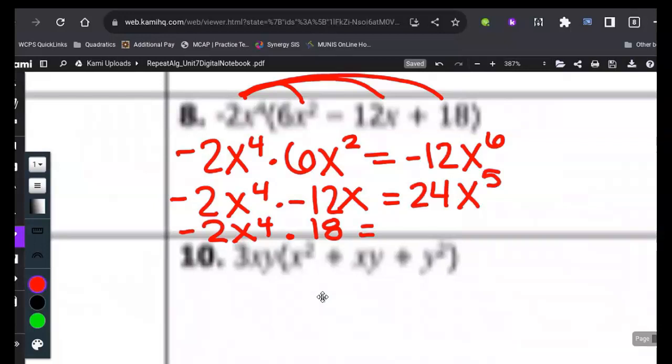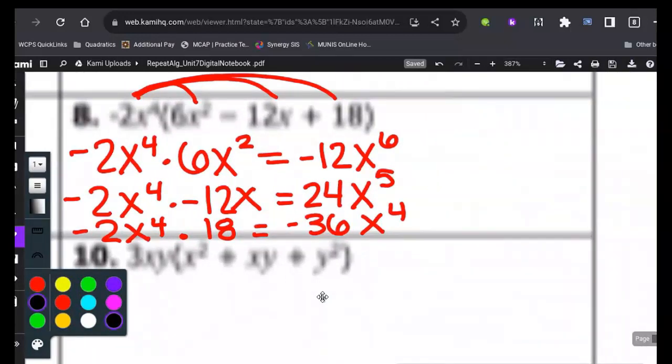And then the last one is negative 2 times 18, which is negative 36. X to the 4th power, because we only have x to the 4th power with the first term. So then in order, we write negative 12x to the 6th plus 24x to the 5th minus 36x to the 4th.